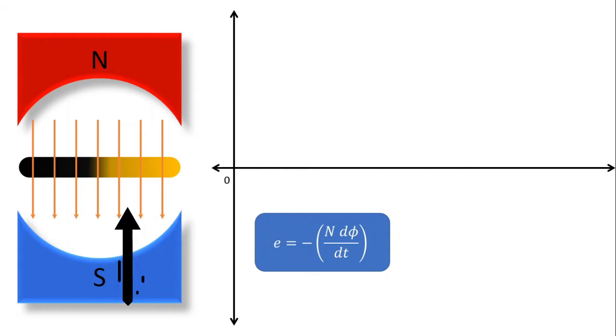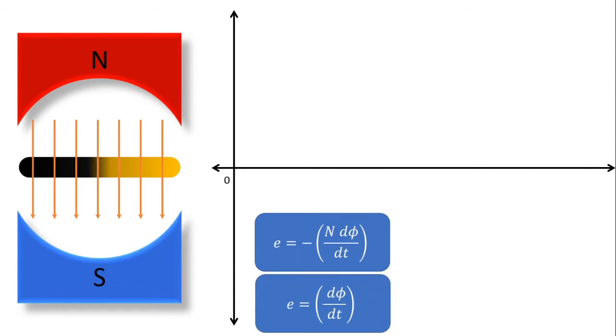Now we have a single conductor, so N is equal to 1, and we ignore the minus sign for the time being, so our modified equation looks like this. E is equal to d phi by dt, which clearly indicates that induced EMF is directly proportional to the rate of change of flux, or induced EMF is equal to the rate of change of flux.